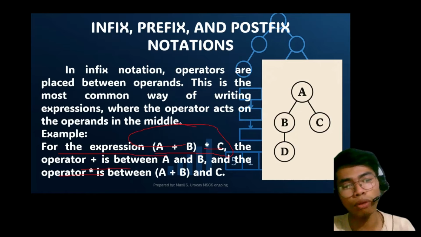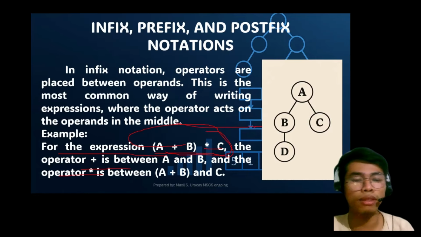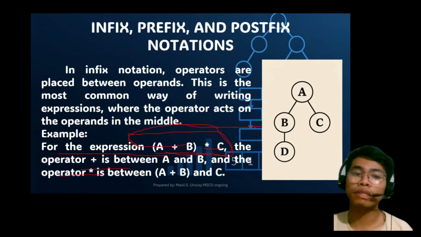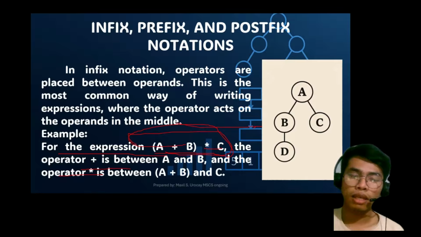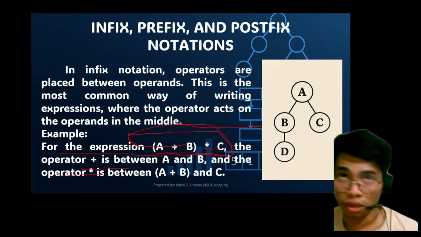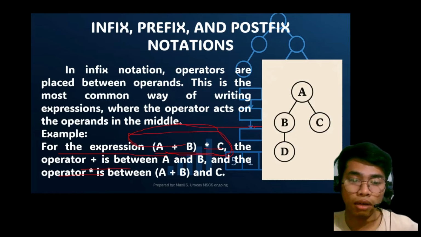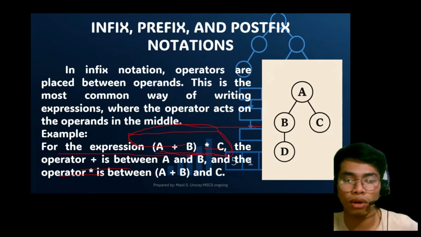In this one, if you will begin to evaluate this infix notation, you can definitely understand that A has a value, B has also a certain value, and C has a certain value.